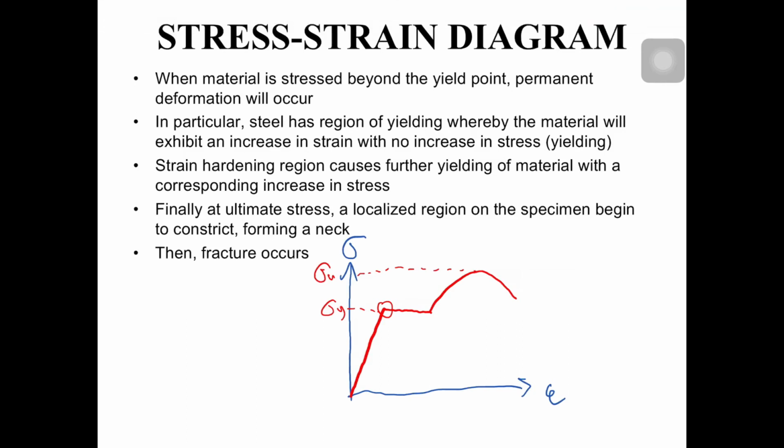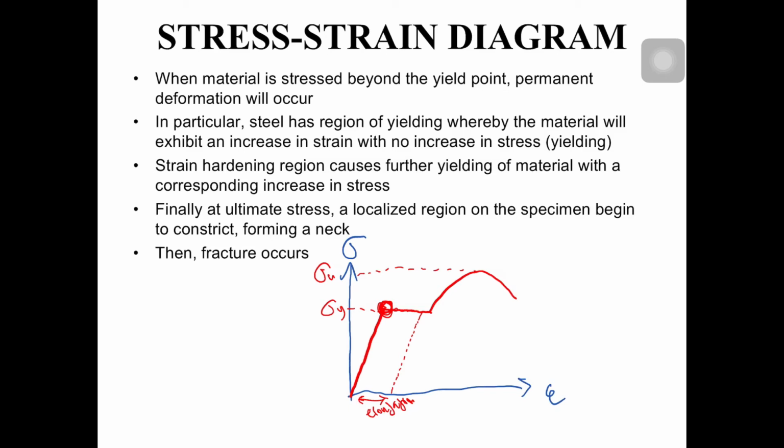So when material is stressed beyond the yield point, here is your yield point, permanent deformation will occur. Beyond this, permanent deformation occurs. So this here is your elongation. Before it reaches here, it will turn back into the original state if you release the force.